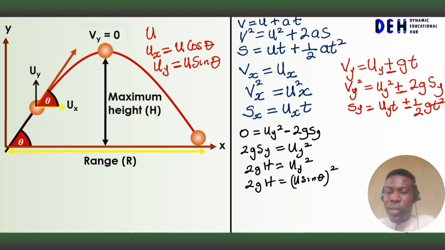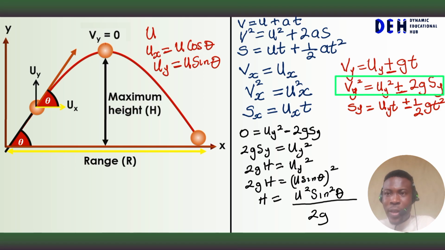Let's make H the subject of the formula. You divide both sides by 2g. U sine theta multiplied by U sine theta gives U square sine square theta, divided by 2g. Now this is the formula to find the maximum height.